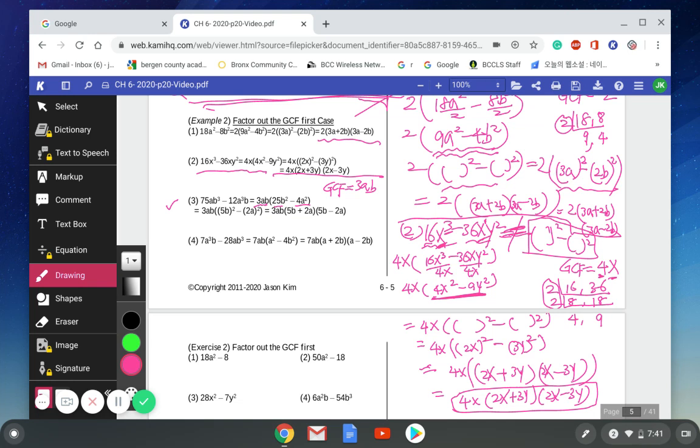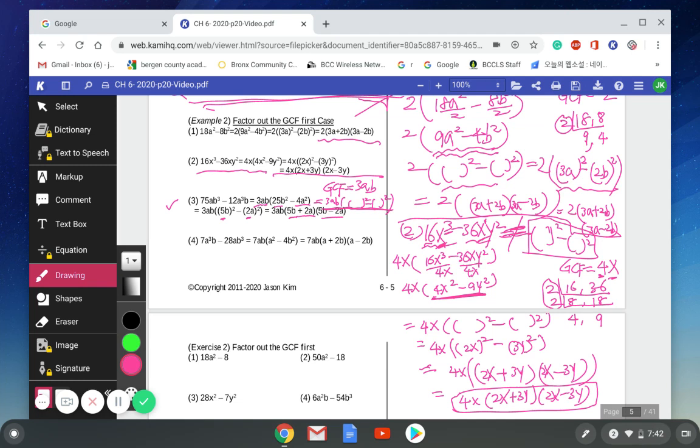Now you can make this into 3AB with something squared minus something squared. The inside would be 5B and 2A, squared each. And then it becomes 3AB times first term plus second term, which is 5B plus 2A, and first term minus second term, 5B minus 2A.